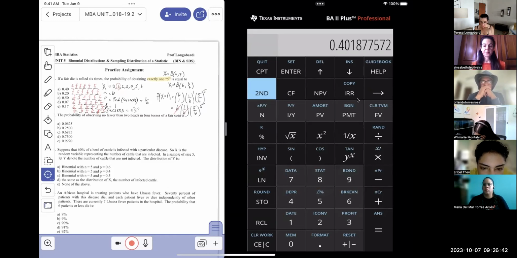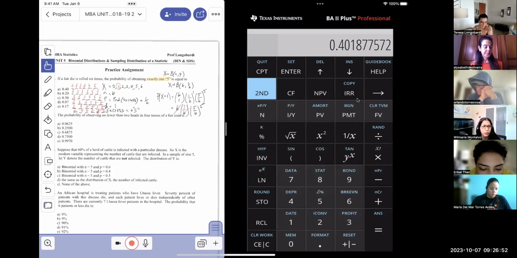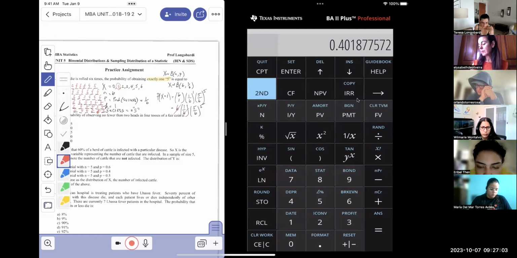That is it. You can do this all with algebra as well, but I'll leave that to you if you want to do it that way. The more calculations you make on paper, the greater chance for error, so I'm trying to avoid that. Just entering it into the calculator immediately. So the answer is A.